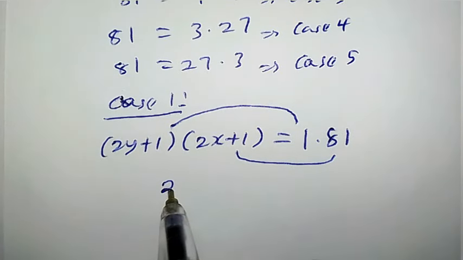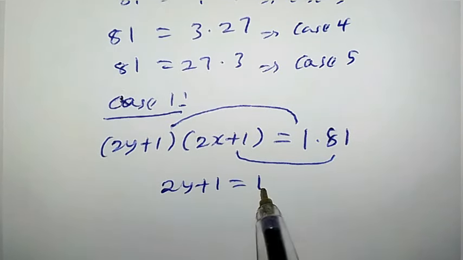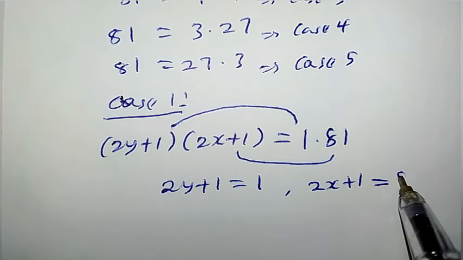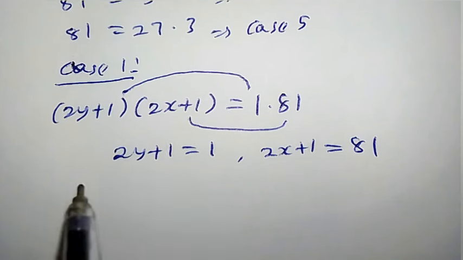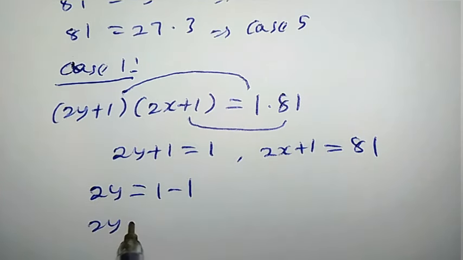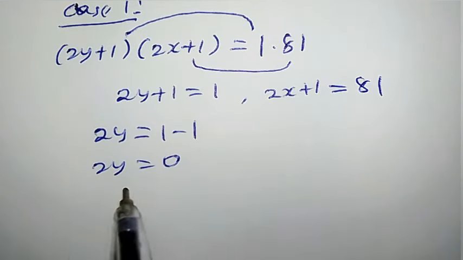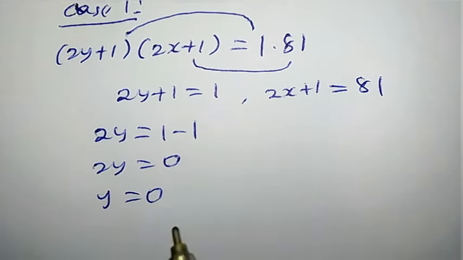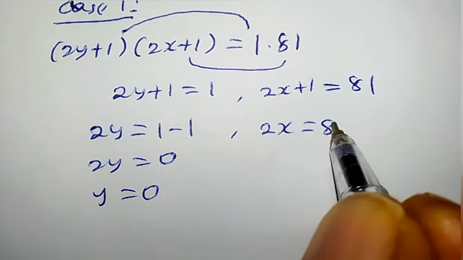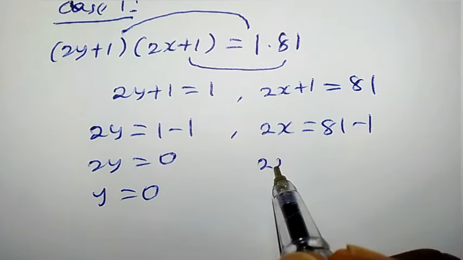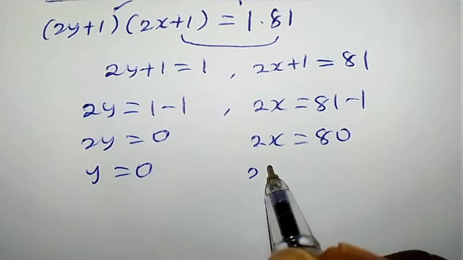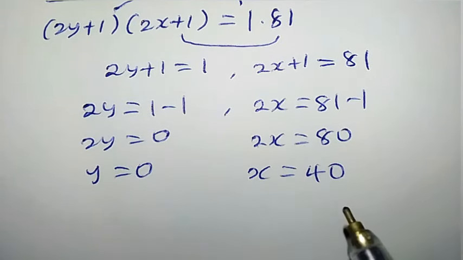So we have 2y plus 1 equal to 1 and 2x plus 1 equal to 81. Clearly, 2y is equal to 1 minus 1, so 2y is equal to 0. Dividing both sides by 2, we have y equal to 0. Likewise, 2x is equal to 81 minus 1. 2x equal to 80. Dividing both sides by 2, we have x equal to 40.